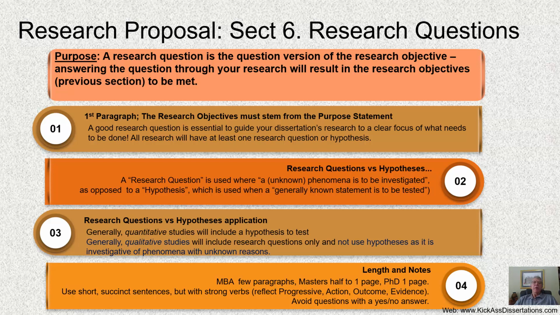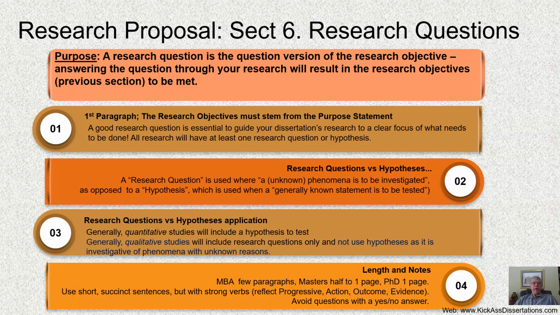Now you're going to develop the question version for that, and it must have a question mark behind this sentence. Answering the question through your research will then result in the research objectives being met. It's quite simple, but be careful that you don't get caught out. This can be a little tricky to develop sometimes.